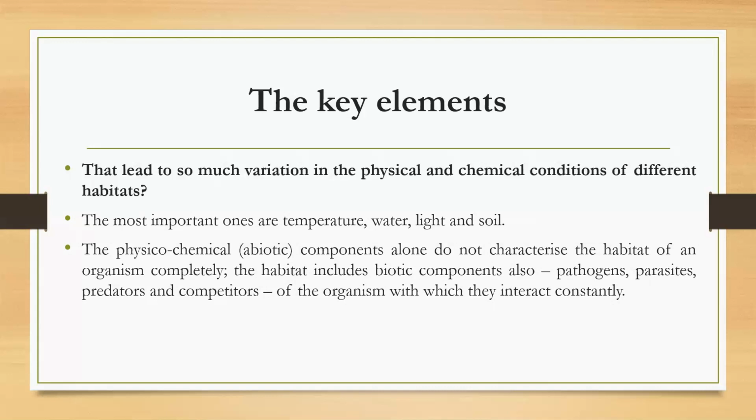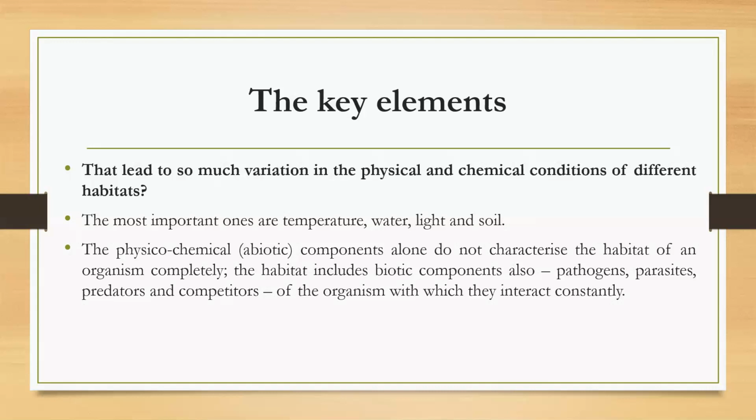At the same time, the physico-chemical, that is the abiotic components alone, do not characterize the habitat of an organism completely. So not only abiotic factors such as water, light, soil and temperature, but some other key elements also play a vital role in the development of different types of habitats.